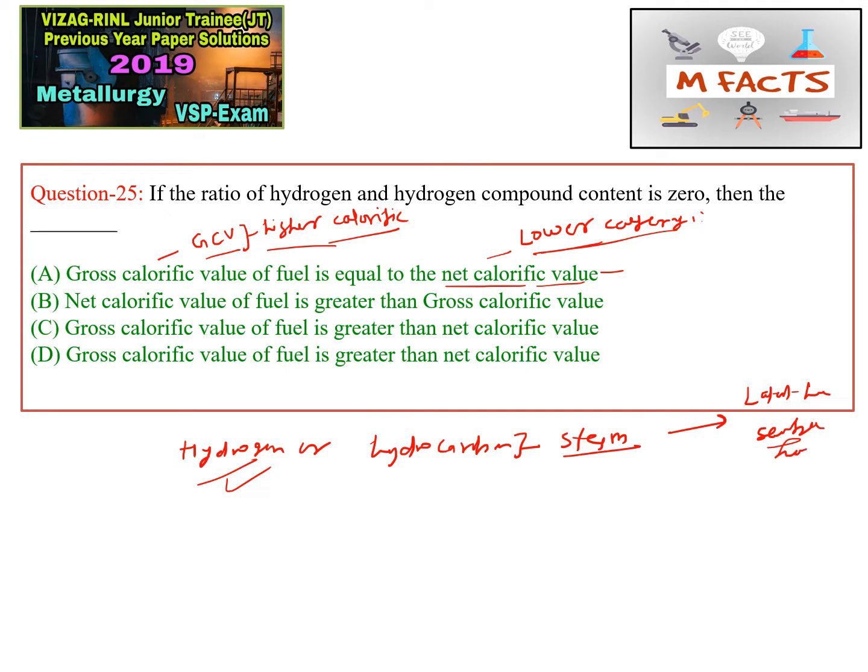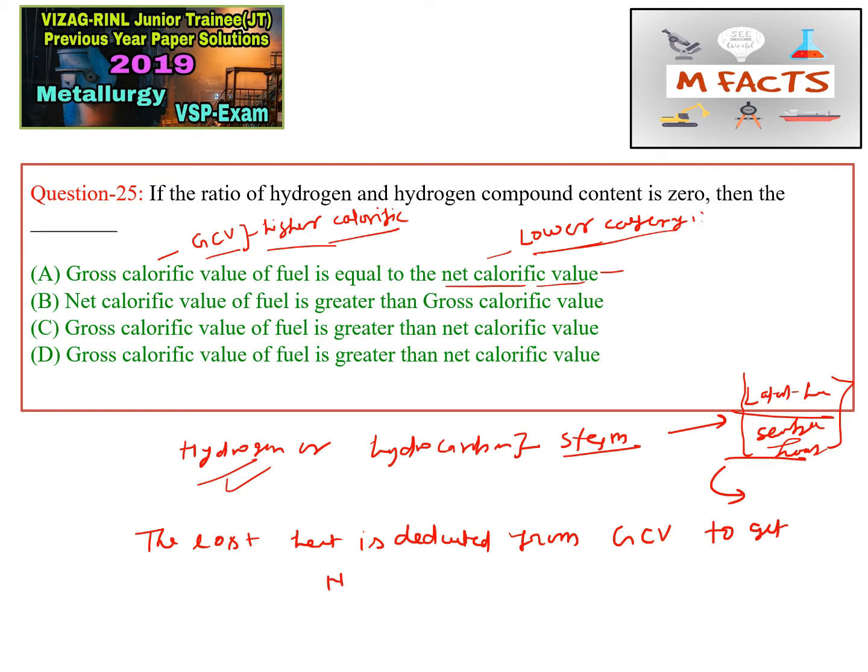This latent heat and sensible heat are lost during the process. How do we get the net calorific value? The lost heat is deducted from the GCV value to get the net calorific value. This is the concept of this question.